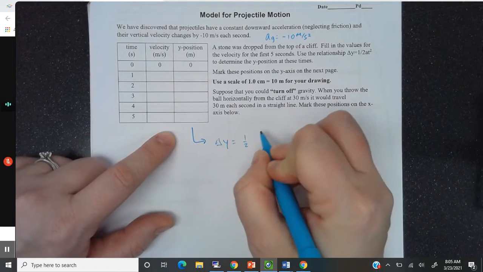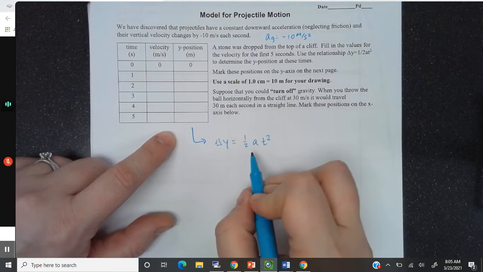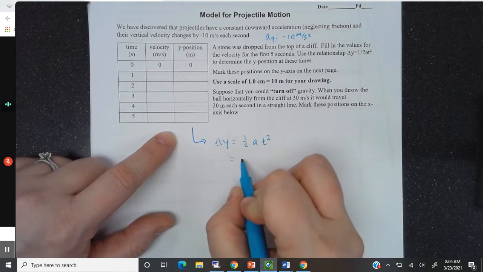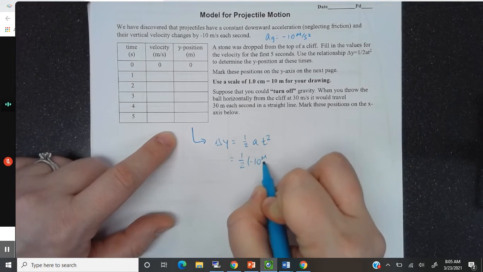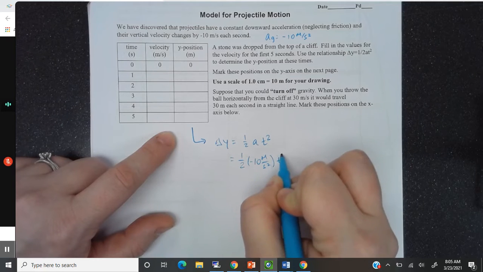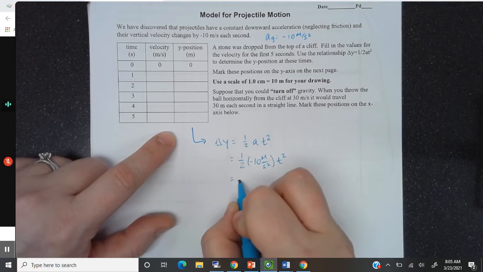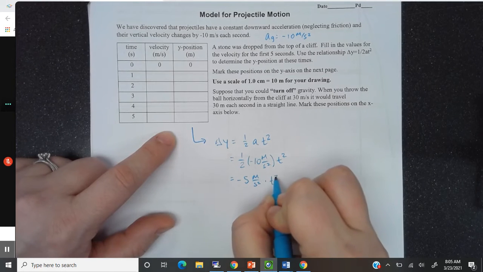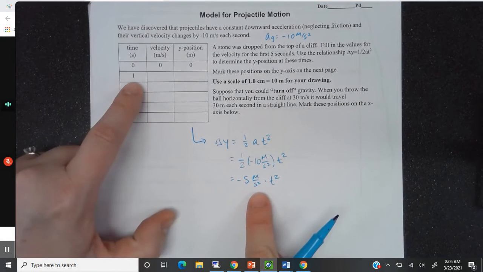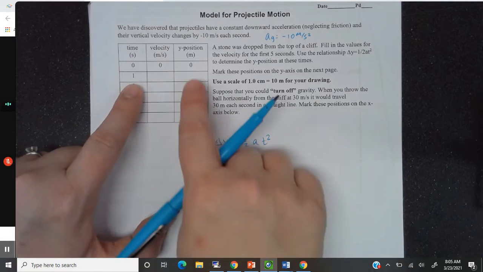If we know that acceleration is minus 10, then this is the same as using a simplified form where we have minus 5 meters per second squared times the time squared. And so if you square the time and multiply it times minus 5, that's going to give you your y position.